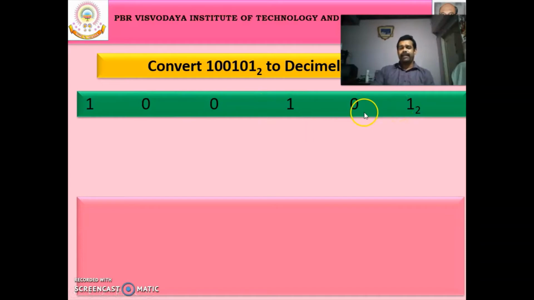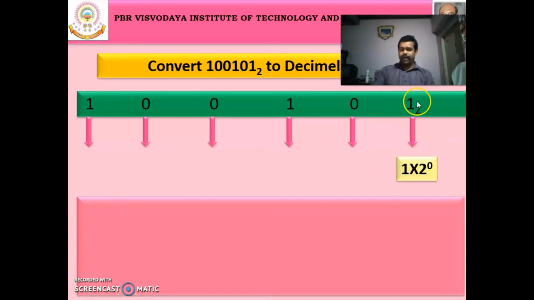After writing this binary number, we have to multiply each bit by its positional weight. So this bit has a positional weight of 2 to the power 0. So we are going to multiply 1 into 2 to the power 0.